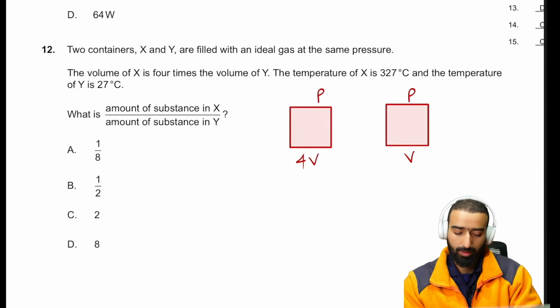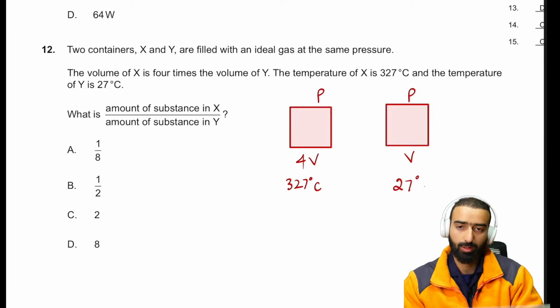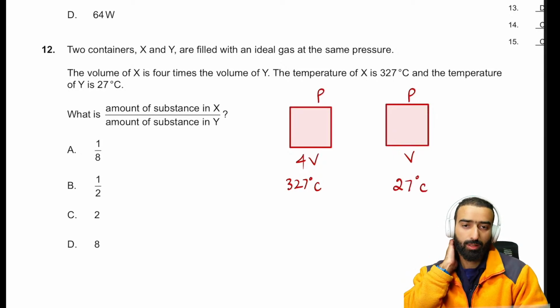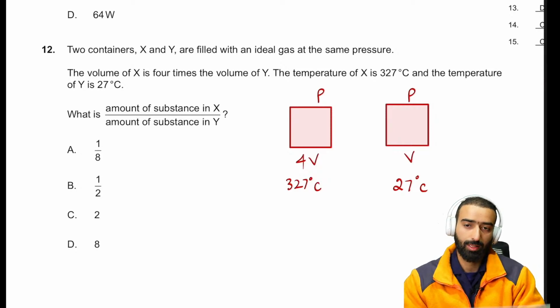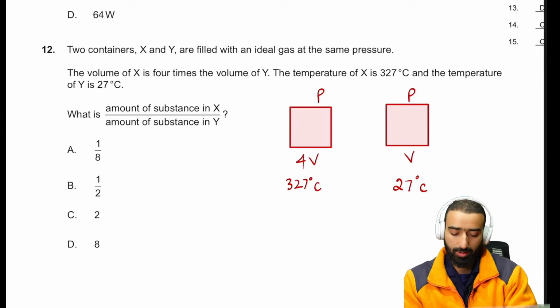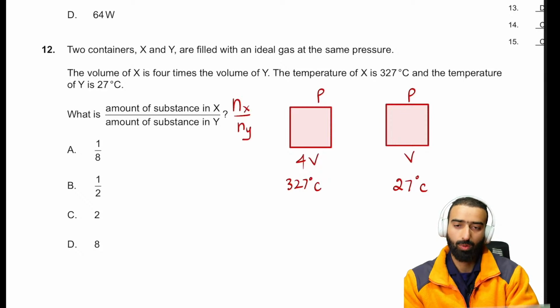The temperature of X is 327 degrees Celsius and the temperature of Y is 27 degrees Celsius. So we are supposed to find the amount of substance in X divided by the amount of substance in Y. In other words, we want to find Nx over Ny.